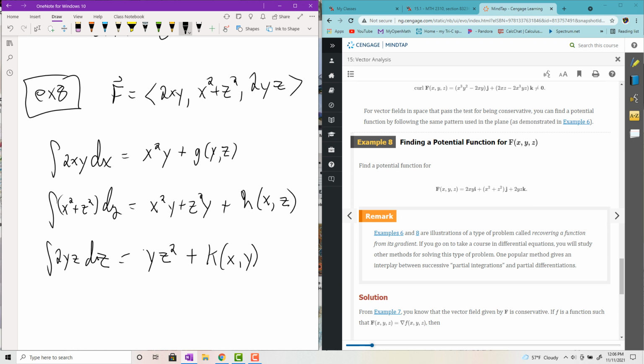Okay. And you can compare and contrast and see what's what. This thing of x and y, if I compare it with the one right above it, is probably going to be this one right here. So for my little f of x, y, z, you just go through and collect the parts. There's an x squared y right there and right there, so there's going to be an x squared y.